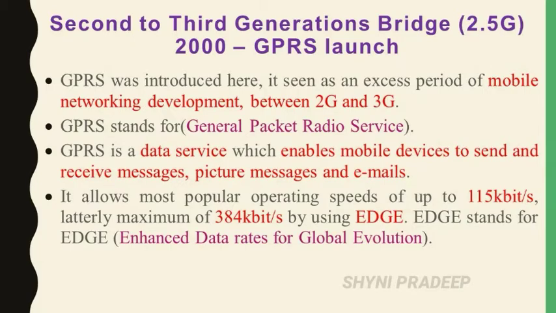It allows the most popular operating speeds of up to 115 kilobits per second, later a maximum of 384 kilobits per second by using EDGE. EDGE stands for Enhanced Data Rates for Global Evolution.